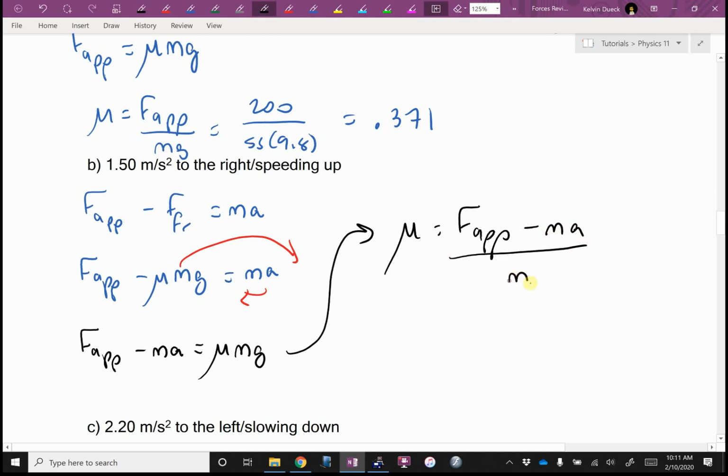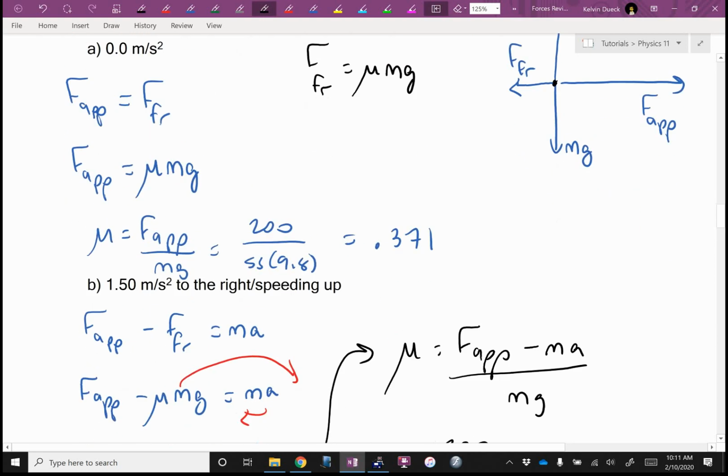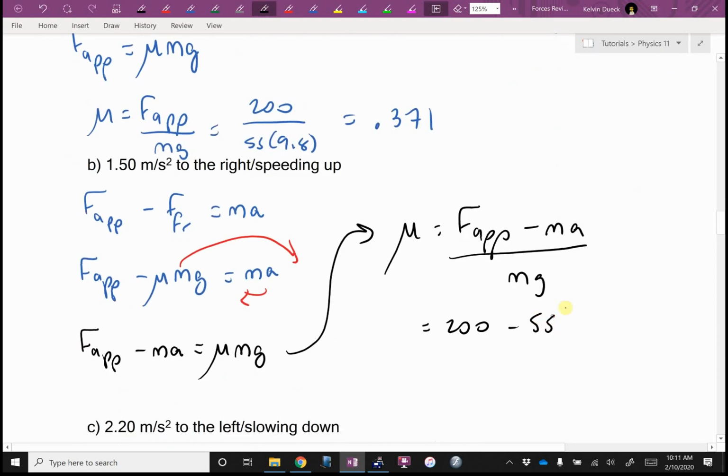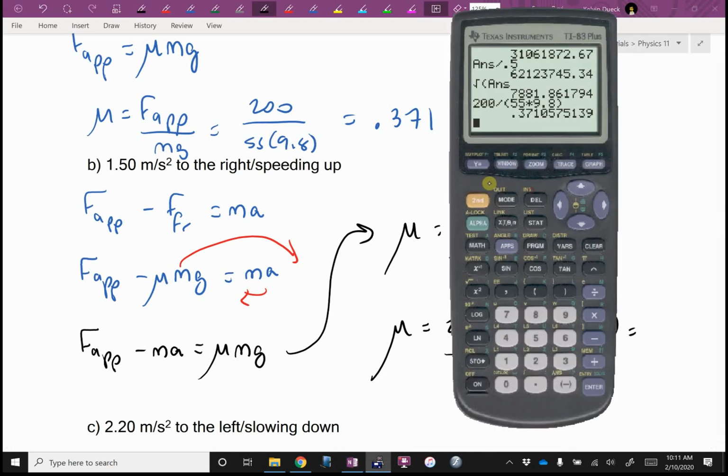Again, divide by mg. F applied was 200 minus m was 55, a is 1.5, divided by 55 times 9.8. This is a good one to practice because this is reasonably complicated typing.